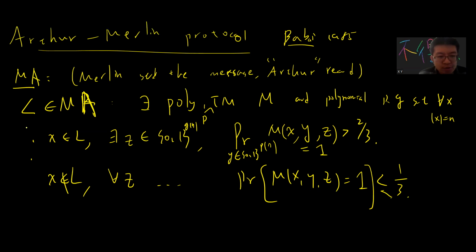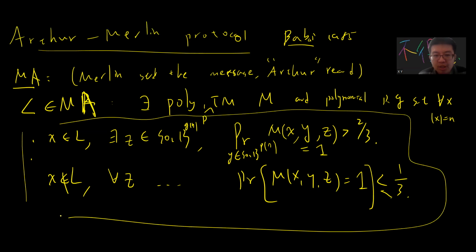So the definition looks complicated, right? But the idea is that Merlin can send some polynomial-length message to Arthur, and Arthur is a probabilistic Turing machine that can just run it. Okay. So obviously one immediately sees that BPP is in MA, right?